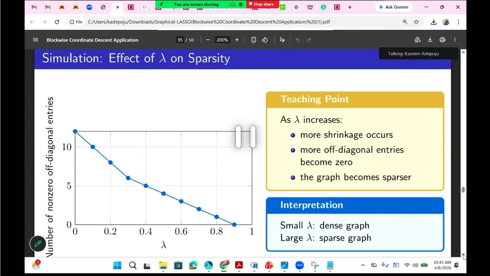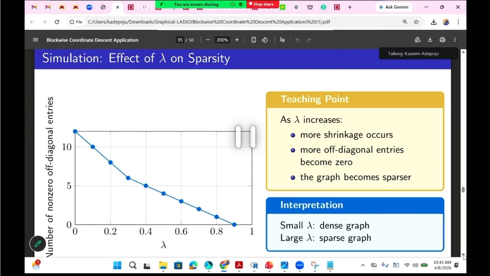Okay, now when you want to start with your working covariance, lambda has a very serious effect. When lambda increases, you're actually going to have more shrinkage. More relationships will disappear when you have a very large value of lambda.